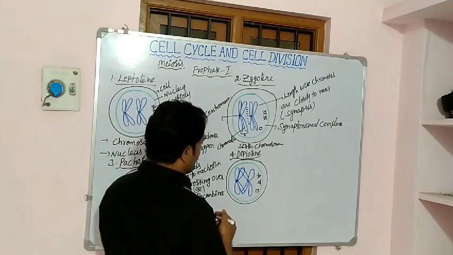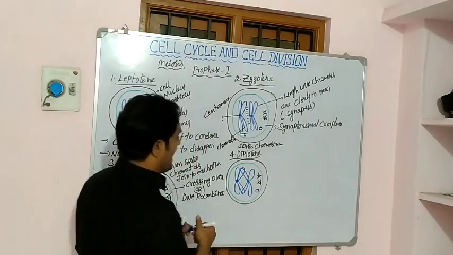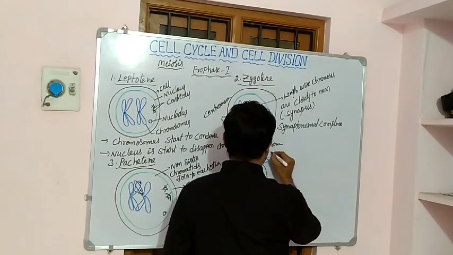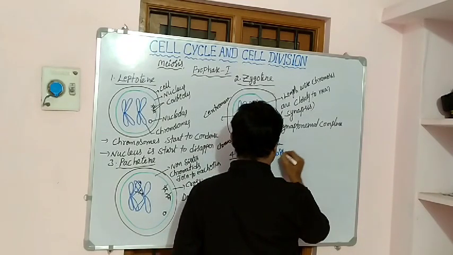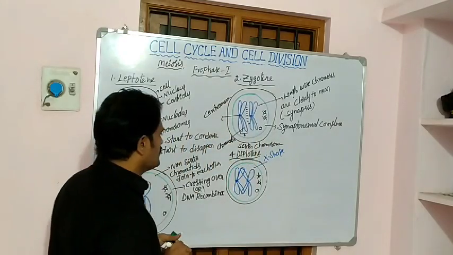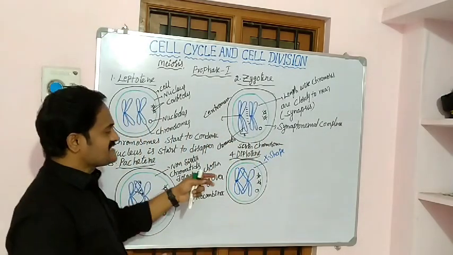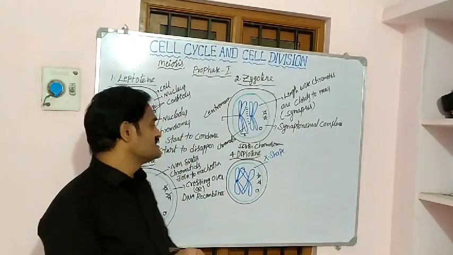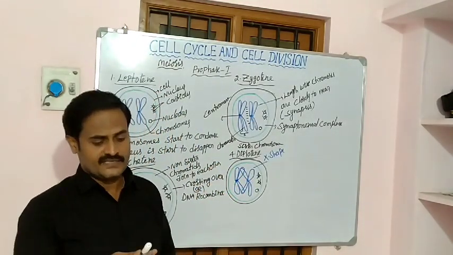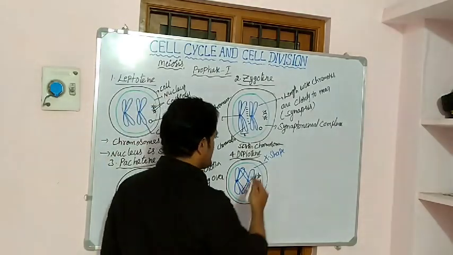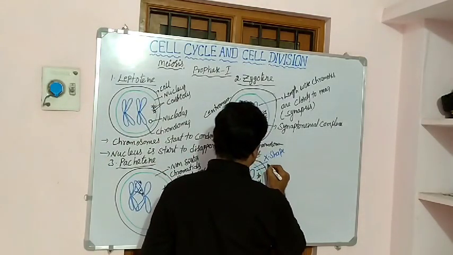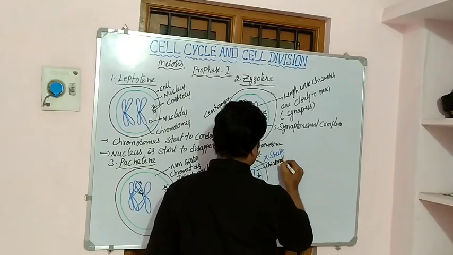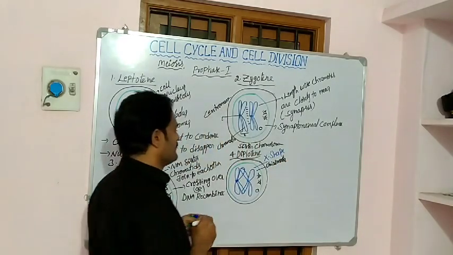They are completely arranged in an X shape. So this kind of X-shaped arrangement of chromosomes, which is seen in the diplotene, is called chiasmata.